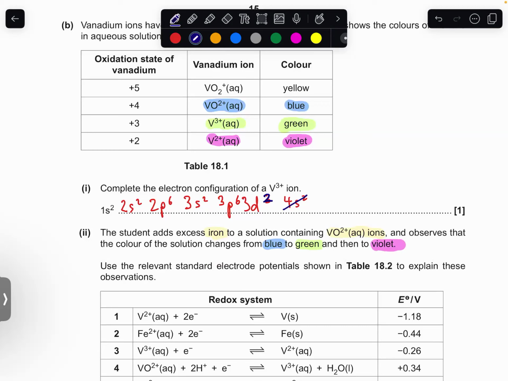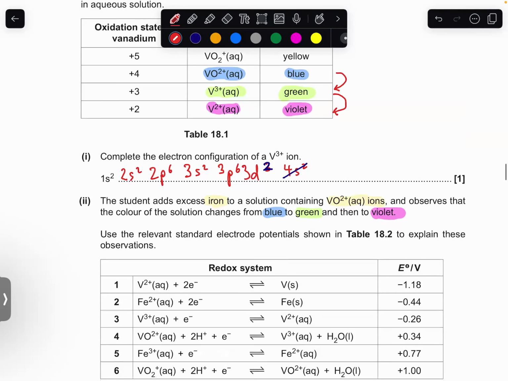So really, VO2+ ions form V3+ ions, and those V3+ ions are further converted into V2+ ions. Why is that?